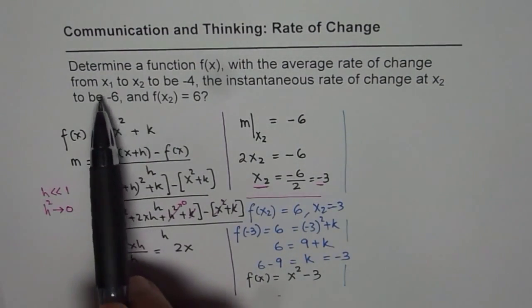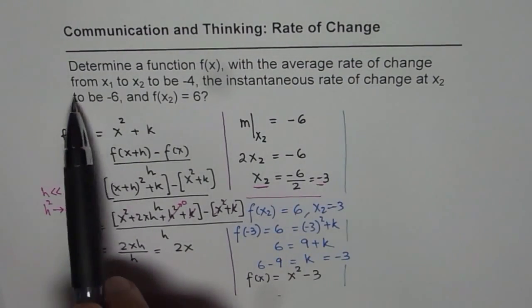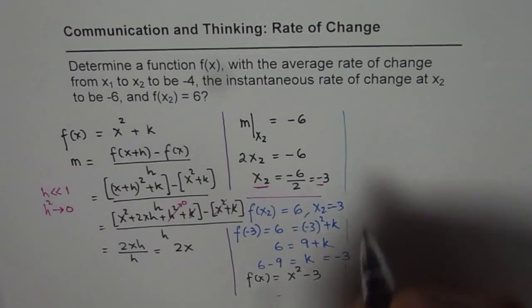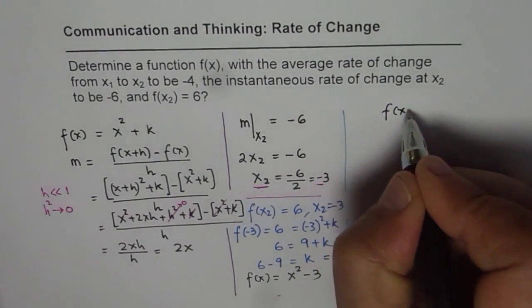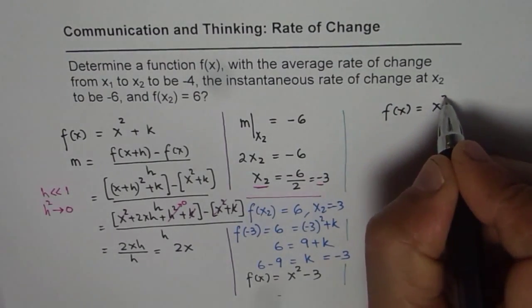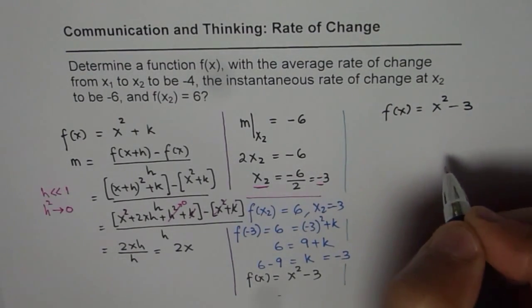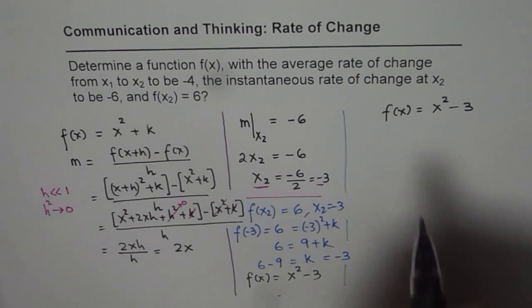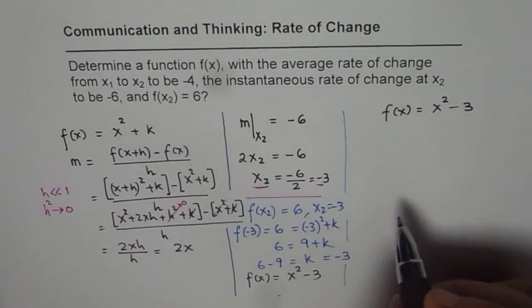The first part is we need to find point x1 so that the average rate of change is minus 4. How do we do that? We have the function now, which is f of x equals x squared minus 3. We basically need to find the point x1 so that the average rate of change is minus 4.